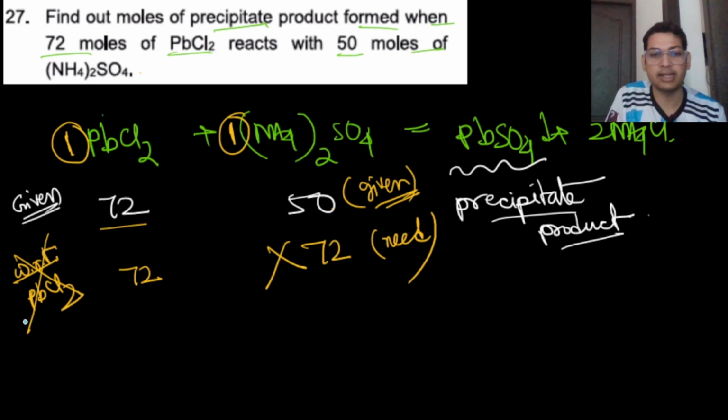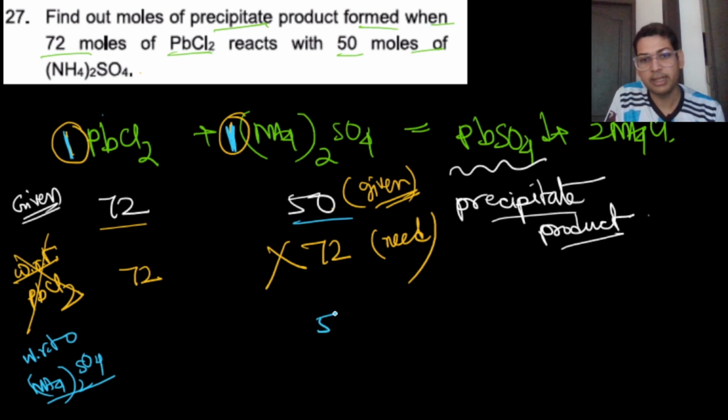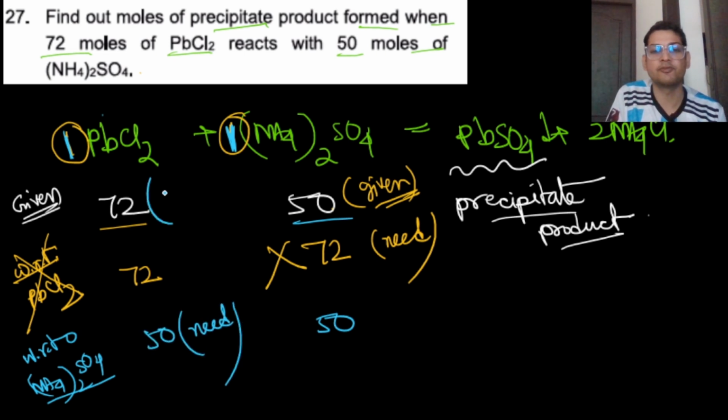Then you try with respect to (NH4)2SO4. For 1 (NH4)2SO4 you need 1 PbCl2. So for 50 you need 50. This is your need and this is given, so I have enough, and the reaction can go this way.